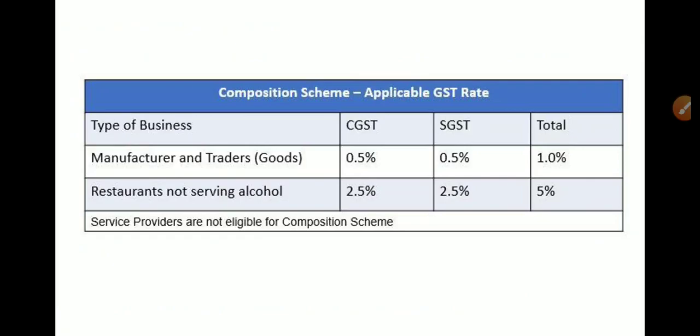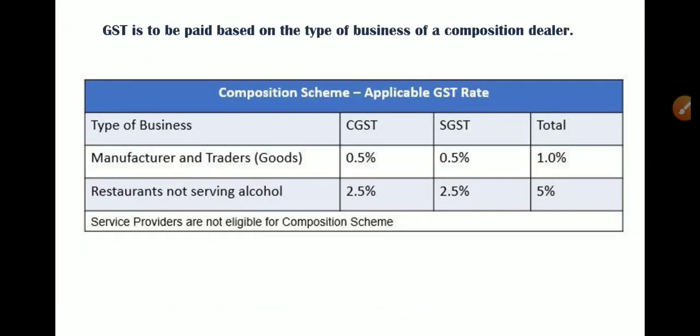So here GST is to be paid based on the type of business of a composition dealer. How is that composition GST applicable? See, for the type of business, manufacturers and traders have to pay a fixed percentage: CGST 0.5% and SGST 0.5%, total 1%.